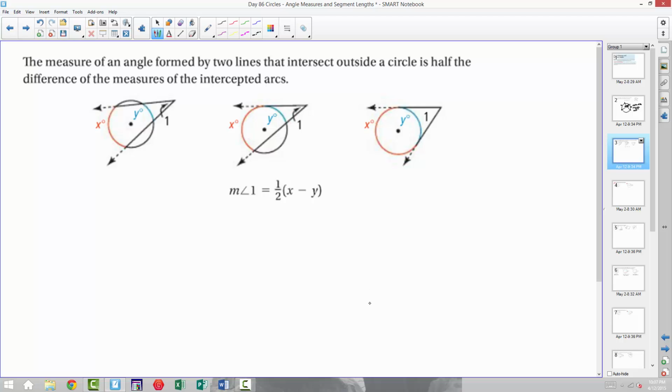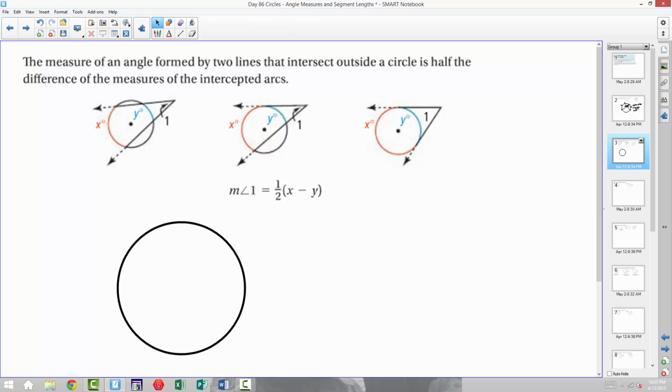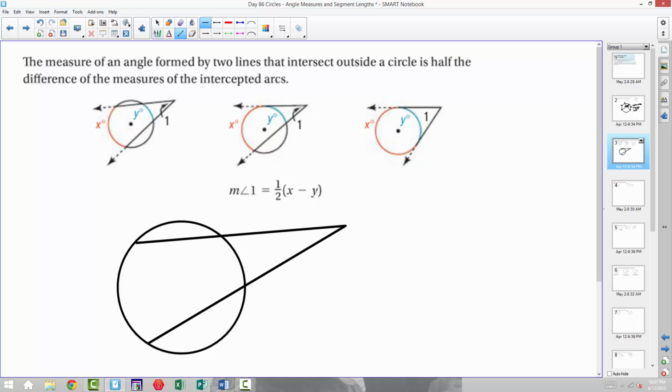The measure of an angle formed by two lines that intersect outside of a circle is half the difference of the measures of the intercepted arcs. So if you want to find an angle on the outside, you take the arc measures, subtract the difference, and then divide by 2. So I'll do all three examples. If I have a circle and I have two segments that meet outside the circle, so I'm going to have angle 1.